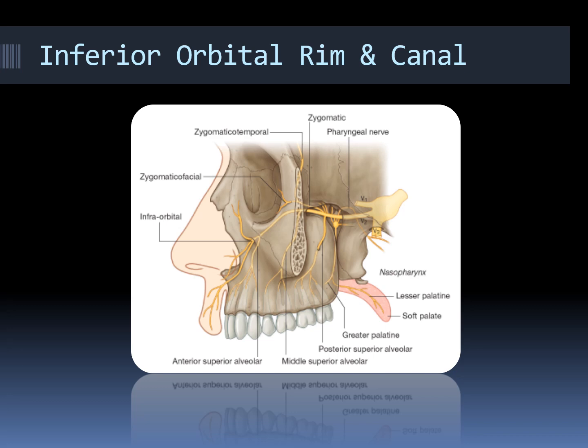So in the face, the bone is not the only important part which you would have to assess during physical examination. One of the important parts is the artery, the veins, and the nerves innervating the area.